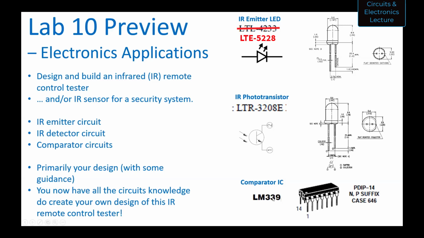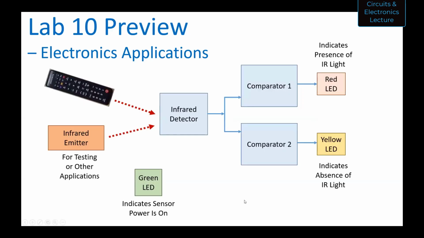So let's take a look at what this is going to be in terms of a block diagram. So let's start with the infrared detector. The infrared detector is going to, well, detect infrared light with that phototransistor. It's going to output an analog signal that is proportional in some way, actually just a function of light intensity.